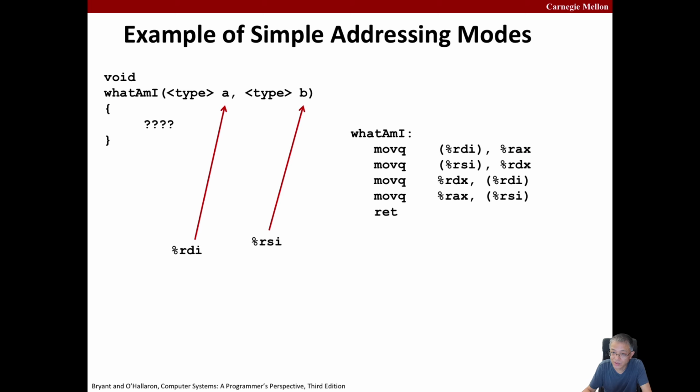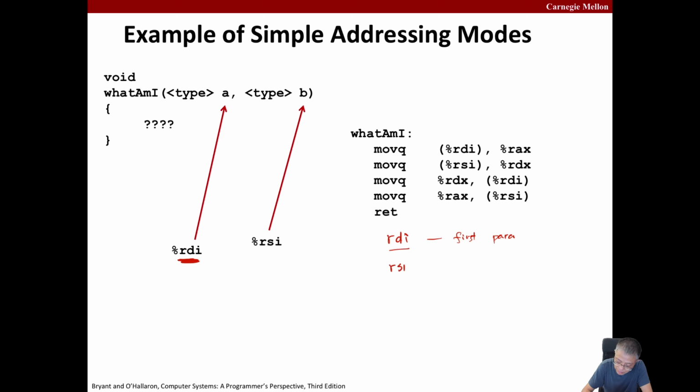So here we have a simple example. This is actually a swap function. When we call a function in the x86 architecture, the first parameter is in the RDI register.